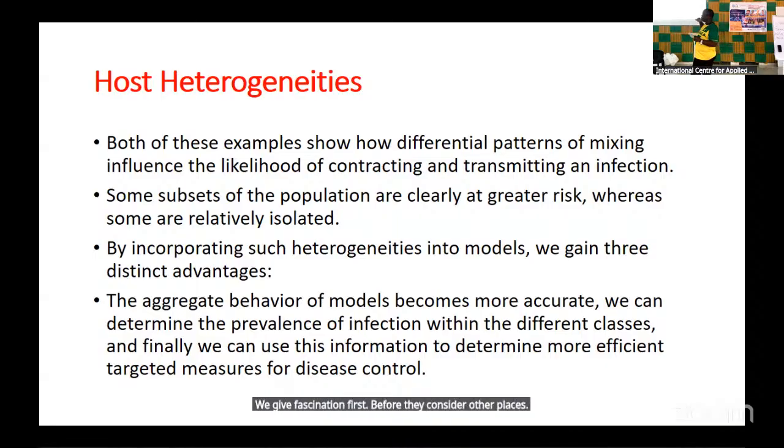So with a heterogeneous model, you are able to not just capture the prevalence in a particular set, it also gives us the ability to know which group to target first for any control intervention that needs to be deployed. And this can guide policy, it can guide decisions among policymakers.